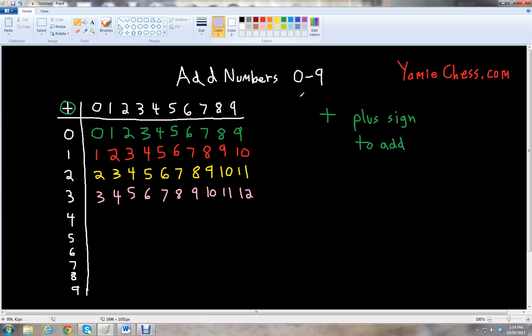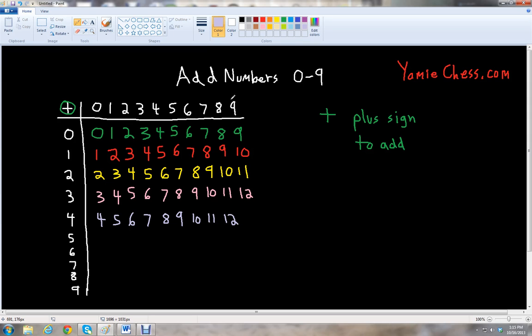Okay, so now let's look at the 4s. 4 plus 0 is 4. 4 plus 1 is 5. 4 plus 2 is 6. 4 plus 3 is 7. 4 plus 4 is 8. 4 plus 5 is 9. 4 plus 6 is 10. 4 plus 7 is 11. 4 plus 8 is 12.